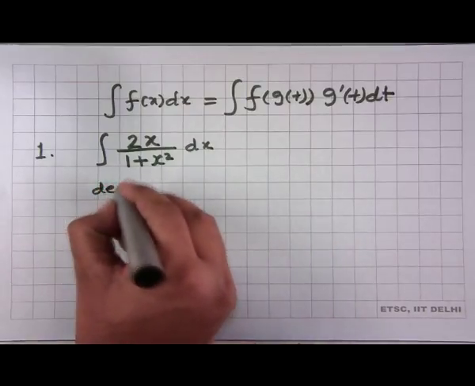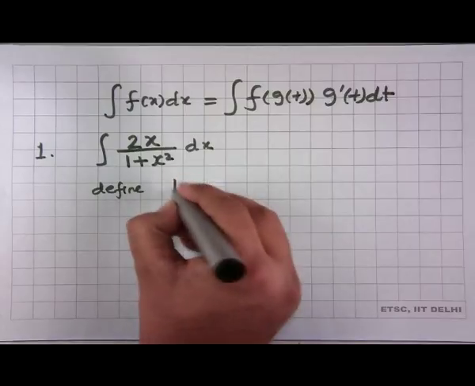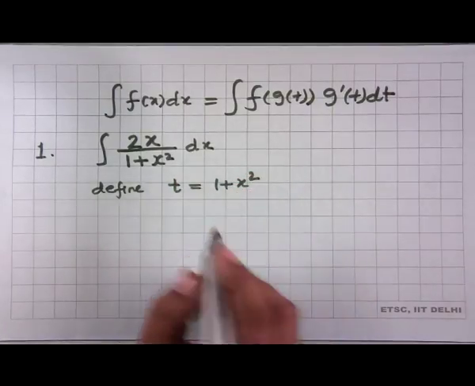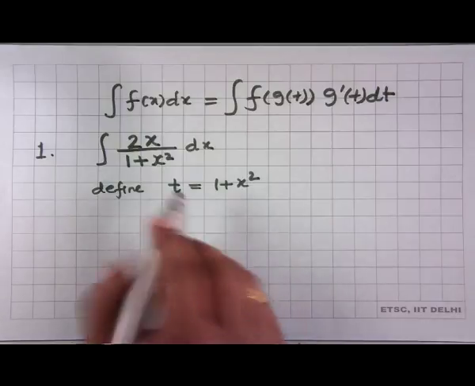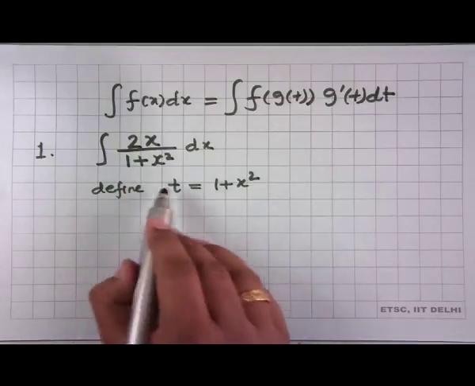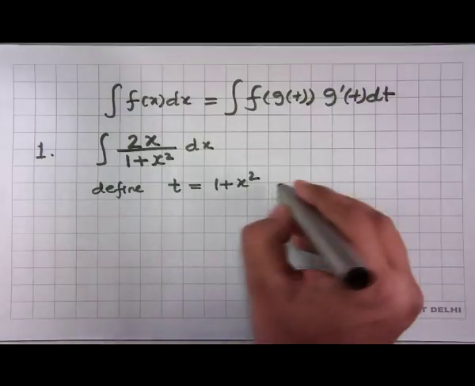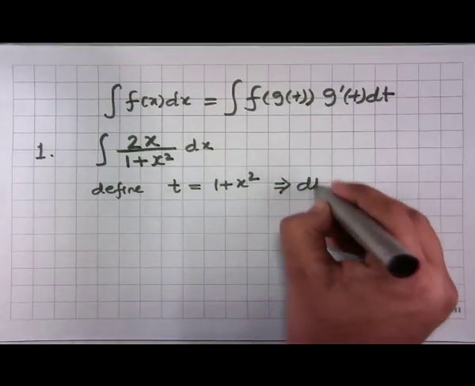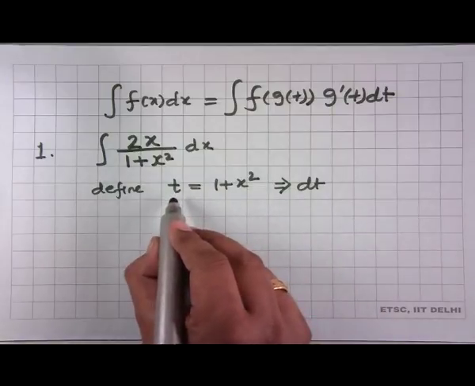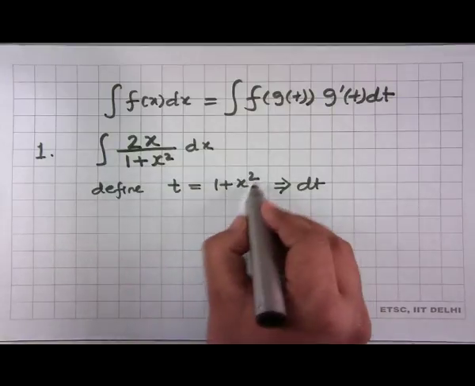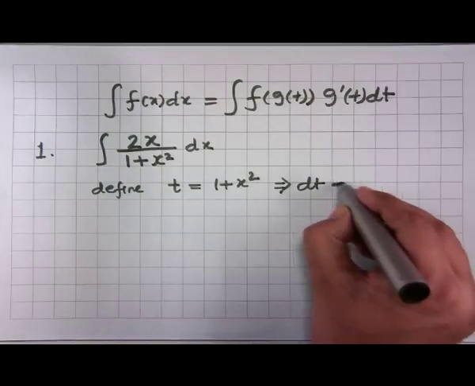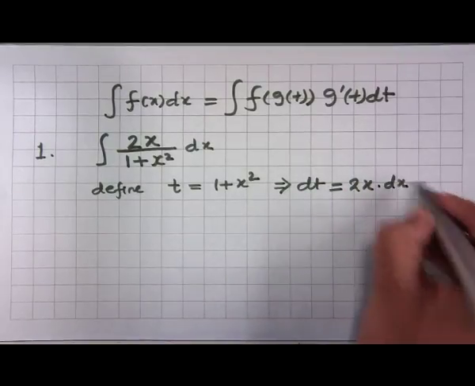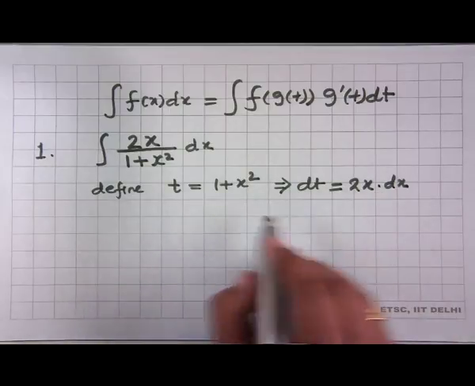So, define t equals 1 plus x square, or sometimes we also say substitute 1 plus x square equals t, so that dt, the differential, we always write it in this fashion, dt is equal to the derivative, that is 2x, times the differential in x, dx. So, dt equals 2x dx.